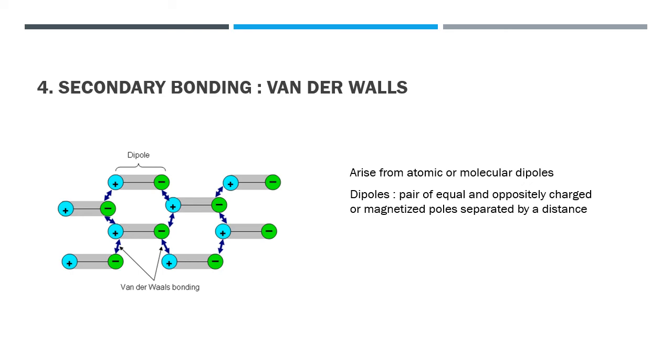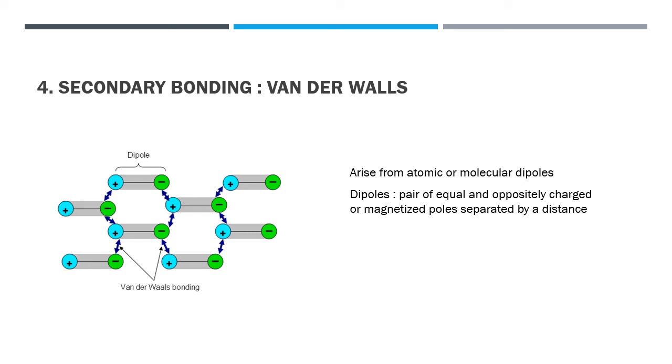So what does a dipole mean? It means that it has a pair of equal and oppositely charged or magnetic poles separated by a distance. So this is the diagram of a dipole. A dipole must have positive and negative charge. So that represents an atom with positive and negative charge.